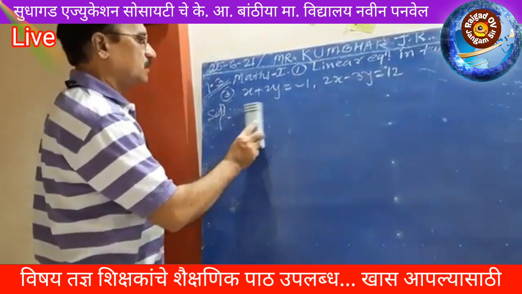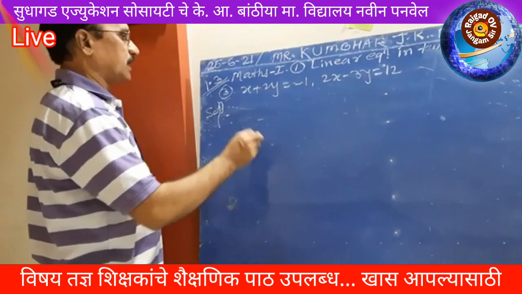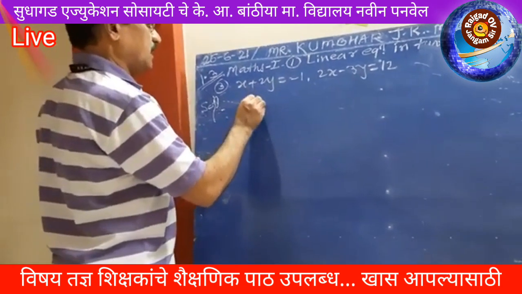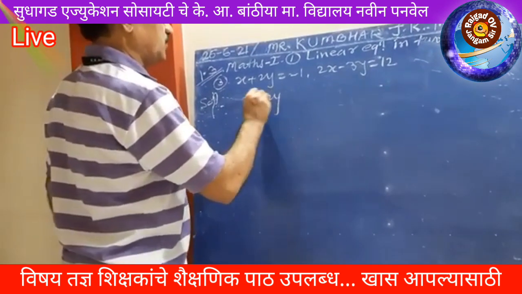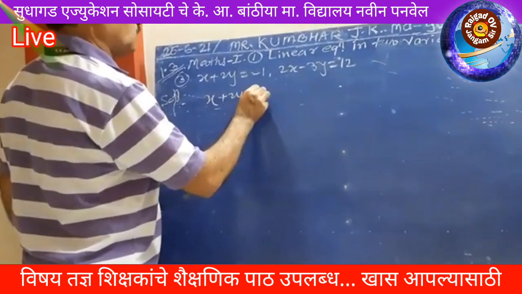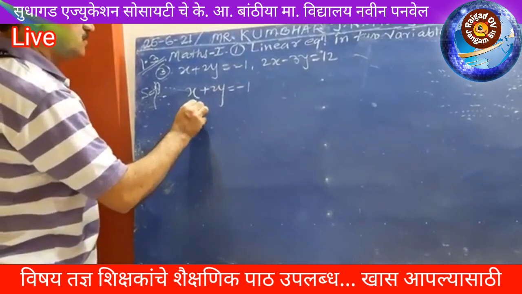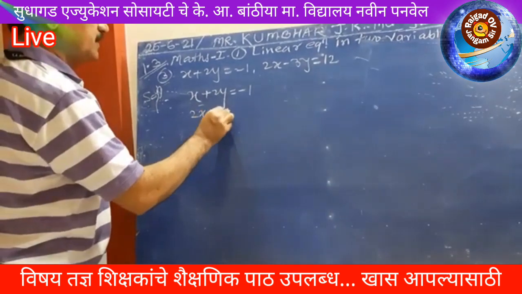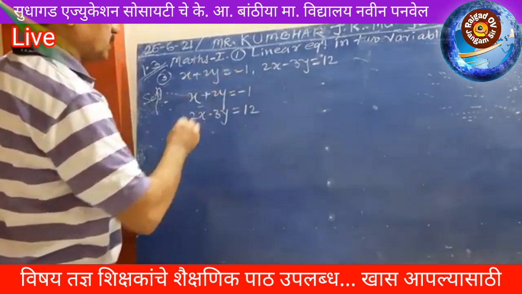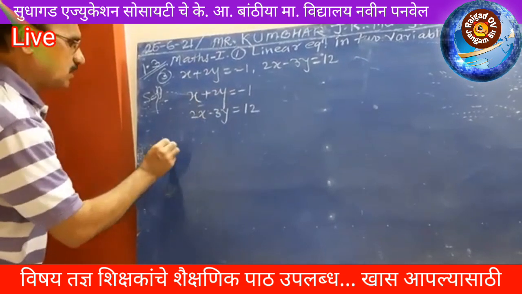Before that, for convenience, write these two equations as x plus 2y is equal to minus 1 and 2x minus 3y is equal to 12.